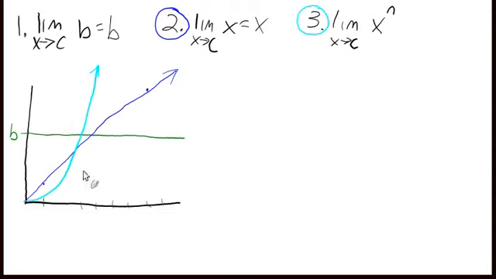So if I come along here, what's going to happen? I come to some x, and in order to get the output, I do x to the n, whatever power it is. So I come to this x, I raise that x to the n, and I have my output. Okay. So what's going to be the limit there? Well, right here is just x to the n.